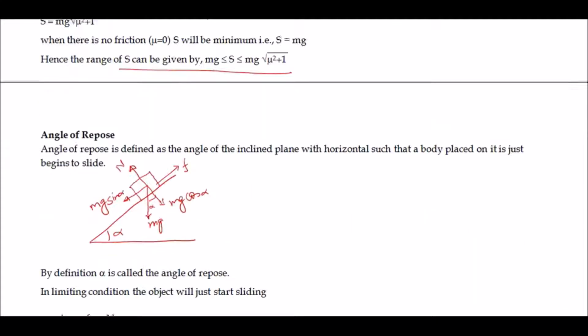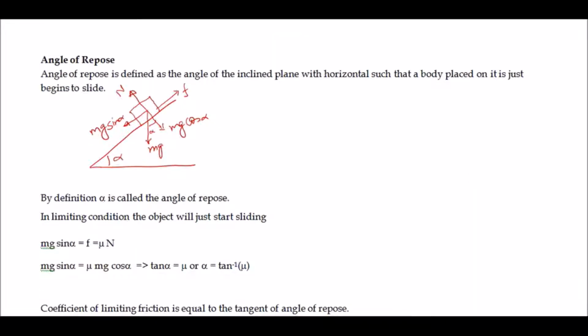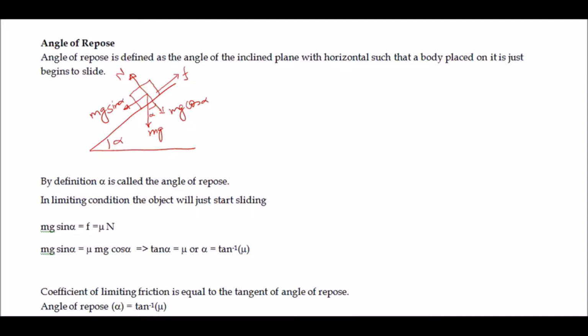Now we will learn the next concept, angle of repose. Angle of repose is defined as the angle of the inclined plane with horizontal such that a body placed on it just begins to slide. Like if I see this figure, it's an inclined plane. If I place an object on it, we can increase the inclination.